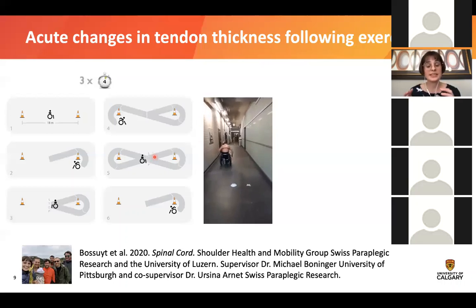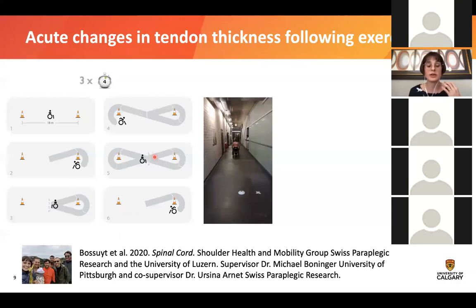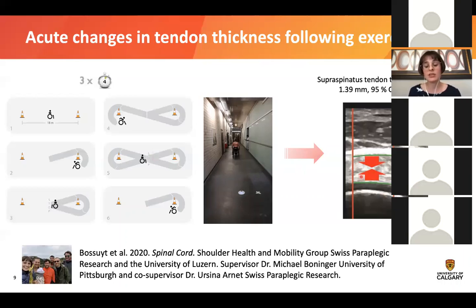And what we did then, we looked at how their propulsion biomechanics changed, did they change how they propelled, what's happening with their muscular activation, and also what is happening at the tendon level. What we found was that following the fatiguing task, there was a significant overall reduction in the tendon thickness of the supraspinatus, one of the shoulder tendons.